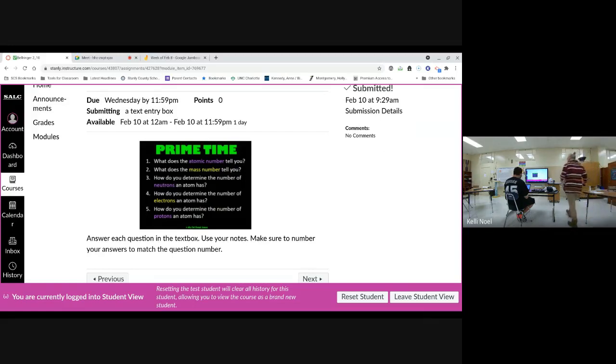That's that little number at the top of the periodic table. Number of what? Protons, very good. Number of protons, so type that in, I'm gonna write it up here, number one.